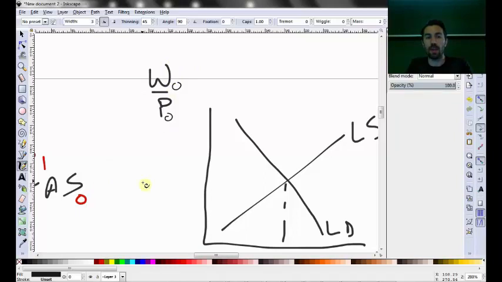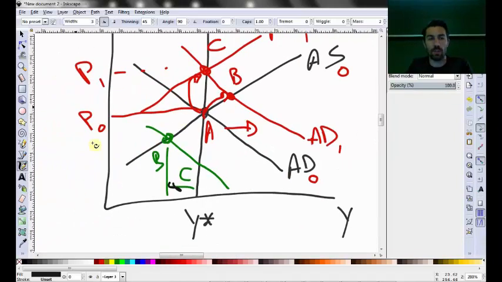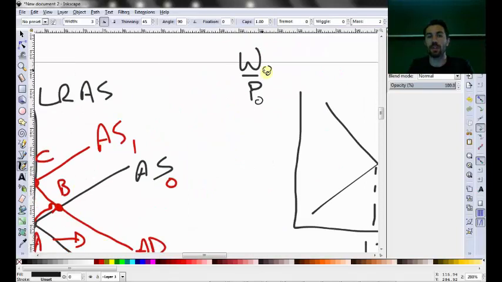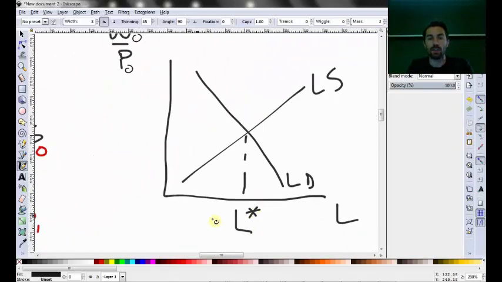So we've got P0, W0, L star, everything else is what we expect. What he said is the following: when prices change, there are a number of reasons why the nominal wage doesn't immediately adjust.